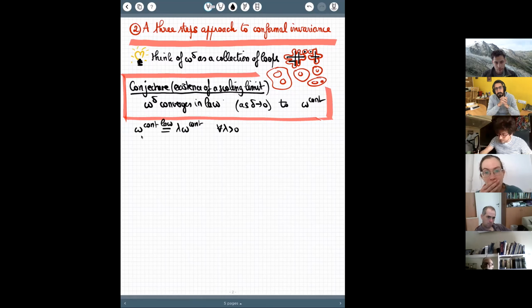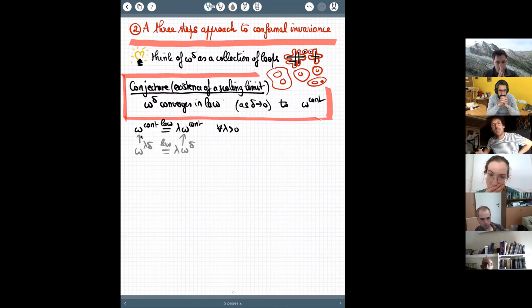And this you can see very easily from the following simple observation: omega continuous is the limit of omega delta, so it's also the limit of omega lambda delta. But omega lambda delta is exactly lambda times omega delta in law, which itself converges to lambda times omega continuous. Okay, so from the existence of a scaling limit, you get immediately, for free, the scale invariance of the limit.